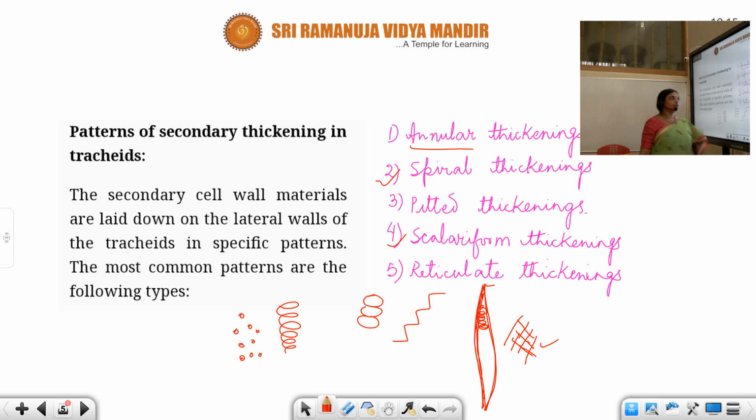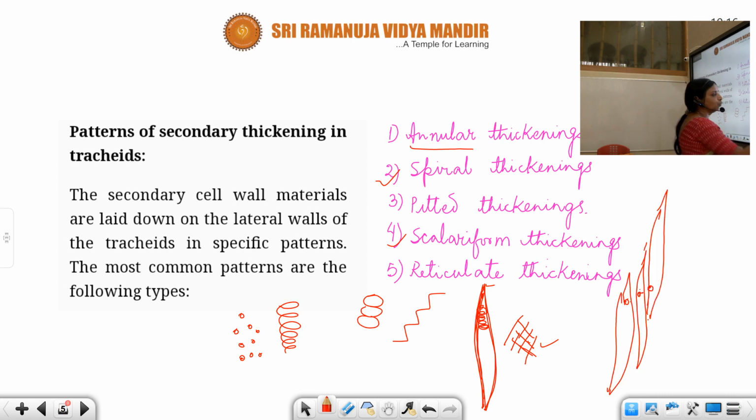Now see the structure of the vessel. I think you understood that these xylem tracheids are present in a row, in this manner. This is one pit, and parallel to this another pit is there. Similarly on this side also, here also a pit.